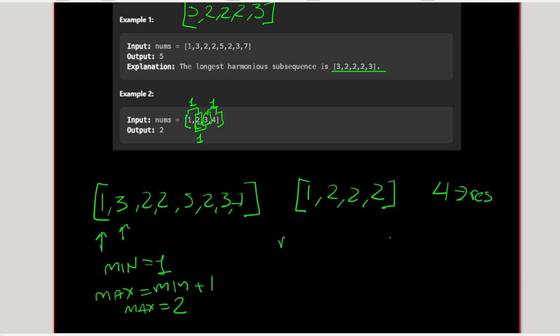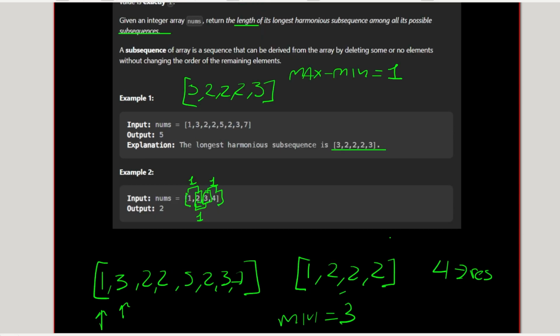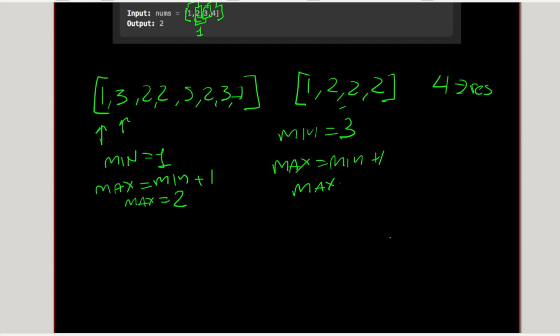If we set minimum to 3, our maximum, following the same equation, is minimum plus 1, which is 4. We don't have a 4 here, so the length is 1. If we compare it to the previous result, which was 4, we keep the max, so result is still 4.